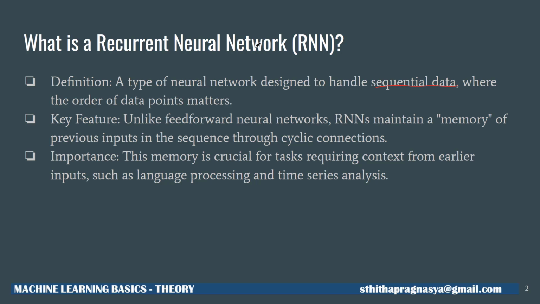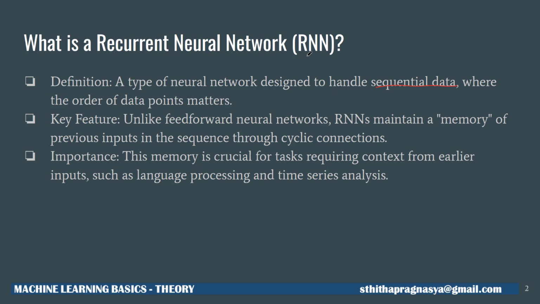Correct? Let's say your data points say something about step 1, 2, 3. If you don't maintain the steps, if you process step 3 first, step 2 first, and so on and so forth, then of course whatever you are going to predict is going to be wrong. So you will use RNN where the order of the data points matters, because it is designed to handle sequential data.